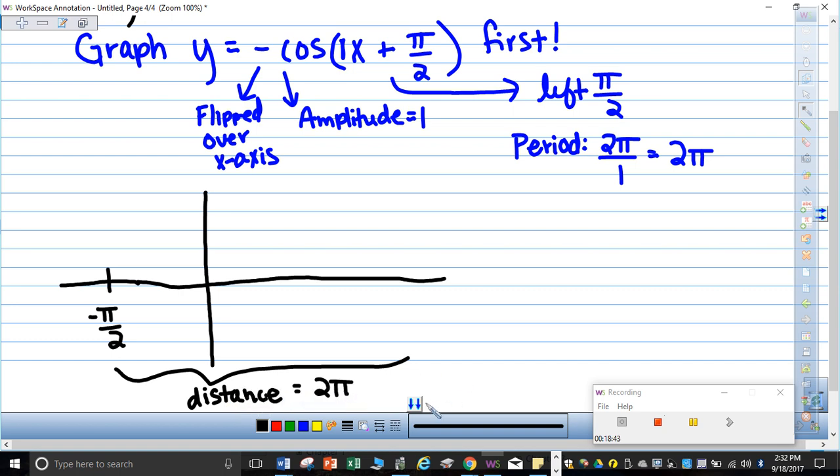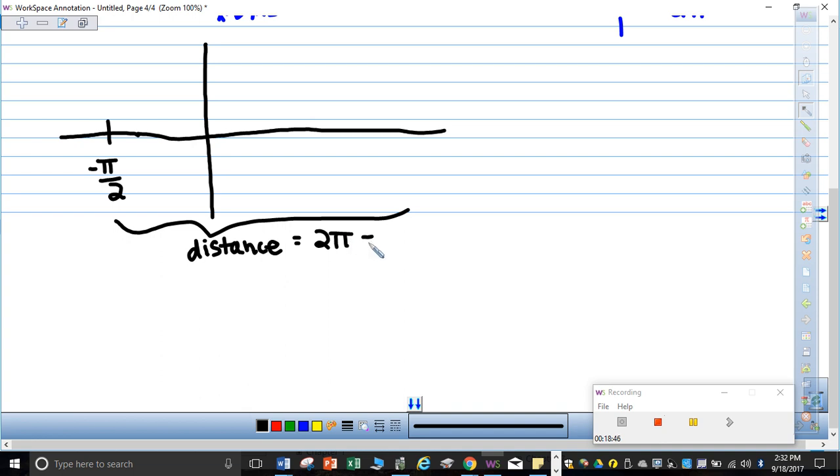Another way to think about that, 2 pi is the same as 2 pi over 1, and that's the same as 4 pi over 2. So if you think about negative 1 pi over 2, adding 4 pi over 2, negative 1 plus 4, that's going to end us up at positive 3 pi over 2. So that is the start and the end.